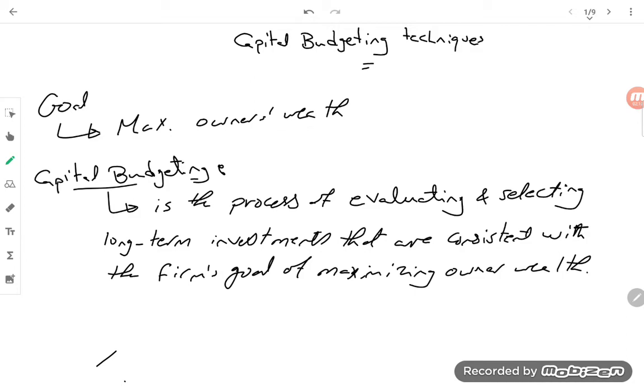Let's start with explanation for a number of terminologies that will be used during our lecture. Number one, a capital expenditure and operating expenditure. What's the difference between capital and operating expenditures?